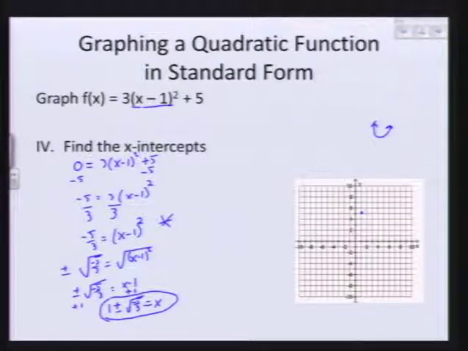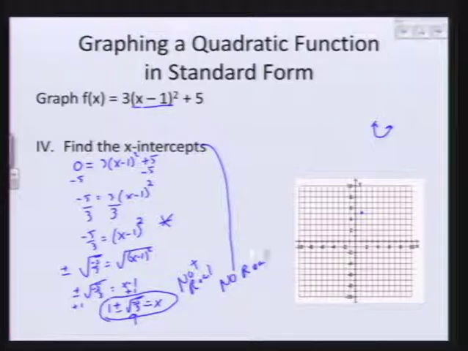Now, I have a 3 in the denominator, so we would probably want to rationalize that, but I'm not going to do that here because I'm looking at this and saying right away, I know this is not a real number. So therefore, we have no real x-intercepts.